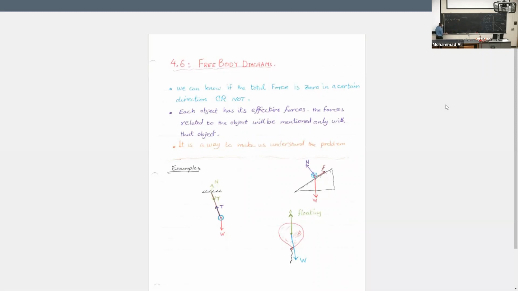It will be equal to 4 newtons plus 50 sine 60.